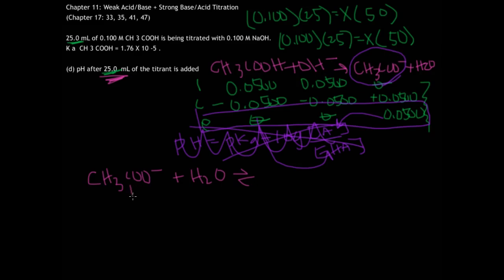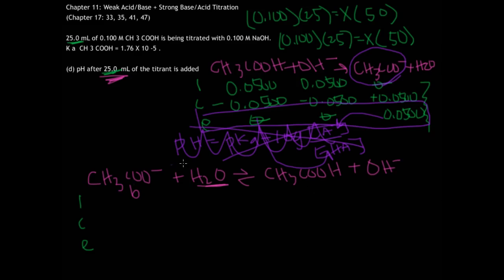So this guy's going to act like a base. Well, what do bases do? They are hydrogen ion acceptors. So you get acetic acid back. This guy takes a hydrogen, and so that means the water loses the hydrogen. So you're left with OH minus here. Okay, let's set up an ICE. I'm getting really good with the different colors. I'm pretty impressed with myself right now, if I say so.